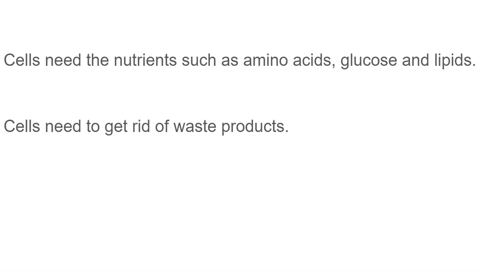These are the molecules of life for one reason or another: glucose for energy, amino acids to make proteins, and lipids for various functions, including making the cell membrane itself. And cells need to get rid of waste products. So there's going to be a barrier, but there are going to be things moving across that barrier, and proteins will help in that.